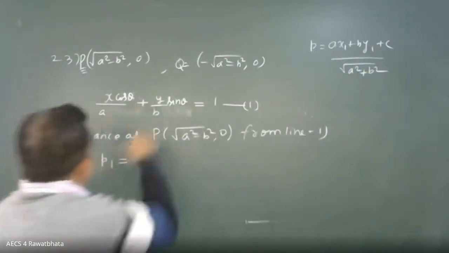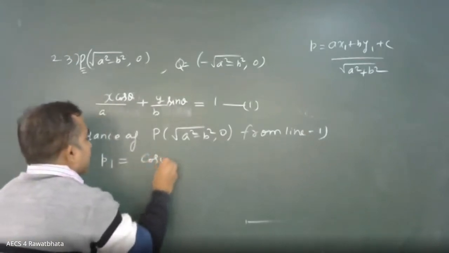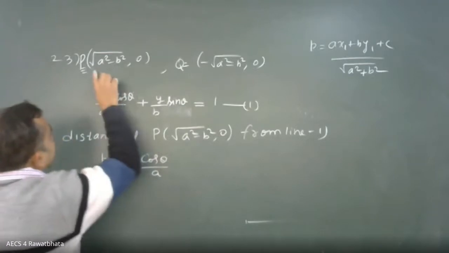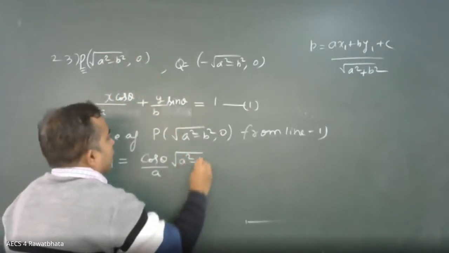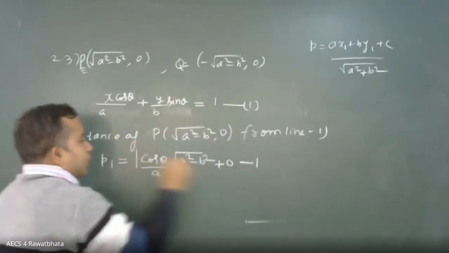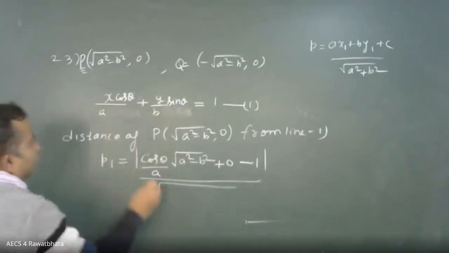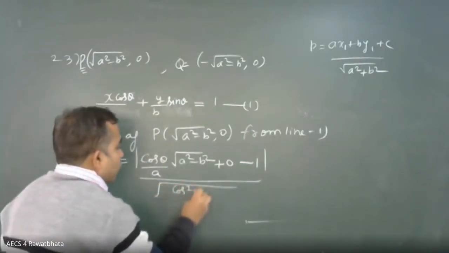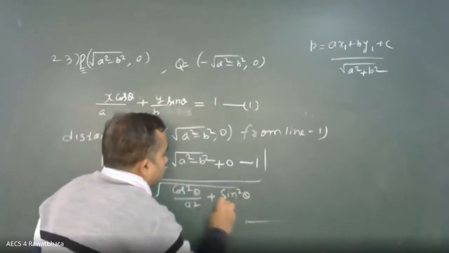So we take the equation of the line, we write the x multiplier as it is, and in place of x, the x coordinate of the point comes. This is plus 0, taking 1 to the left side, minus 1 magnitude, divided by root of the x multiplier whole square, cos square theta upon a square plus sin square theta upon b square.